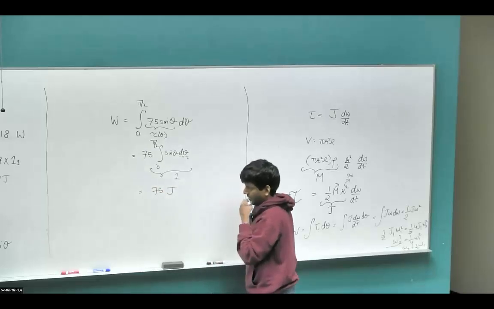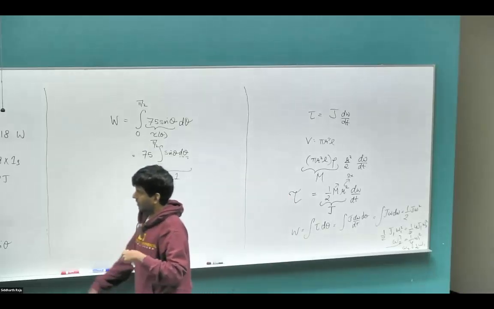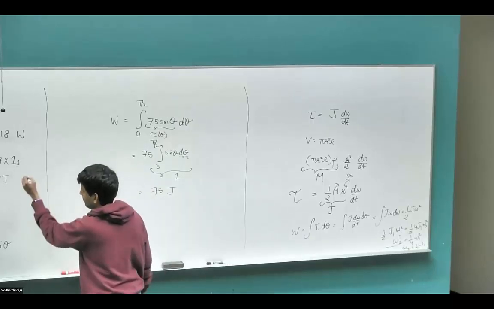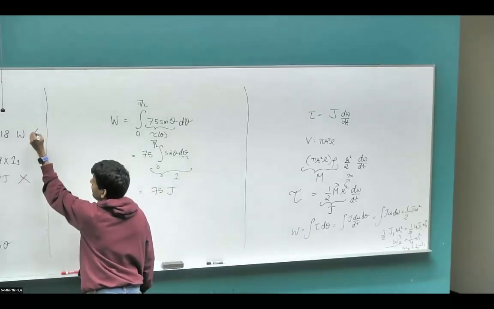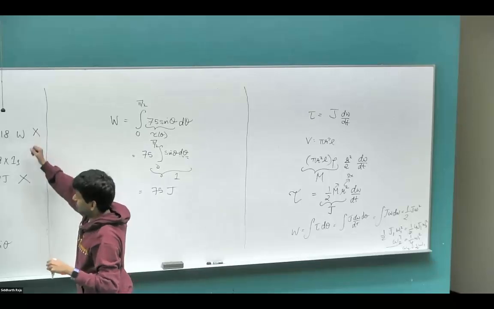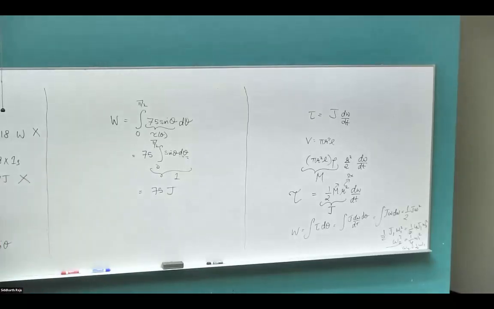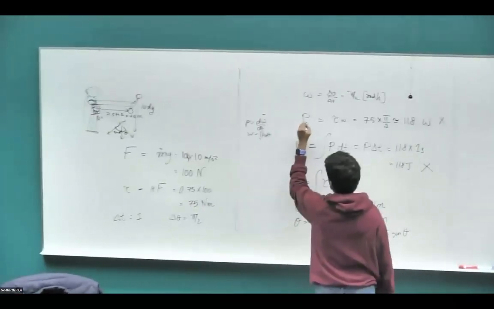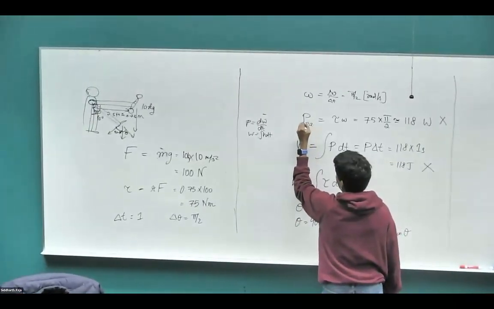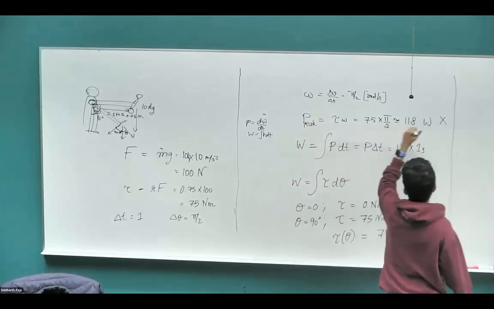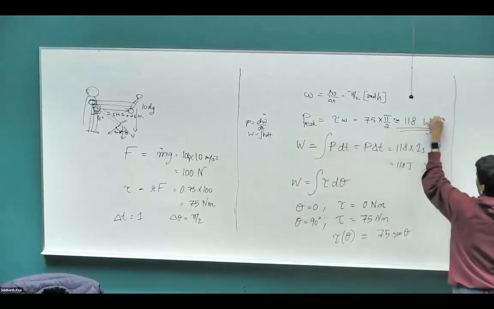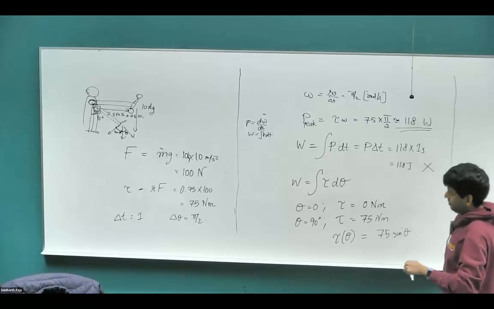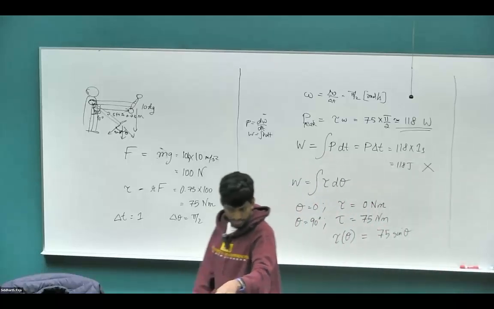So 75 joules. Significantly different from our initial calculation, which is definitely not correct. In some sense it is correct if we call it instead the peak power. If we had to call this the peak power, then that's absolutely correct. But that is not the average power.